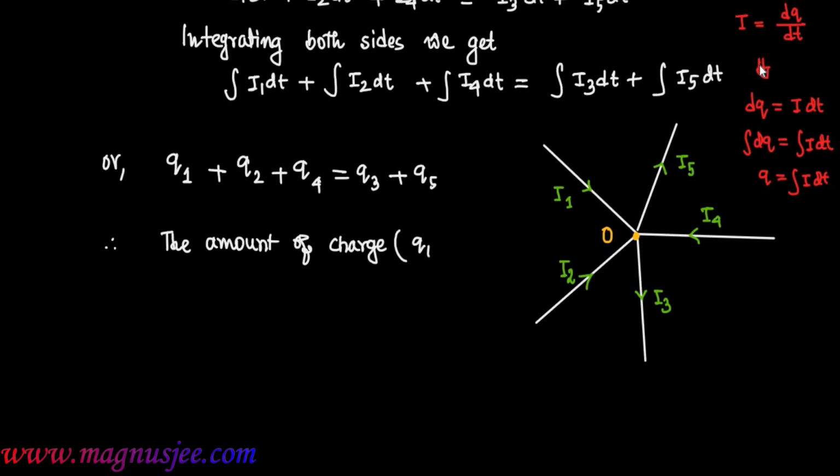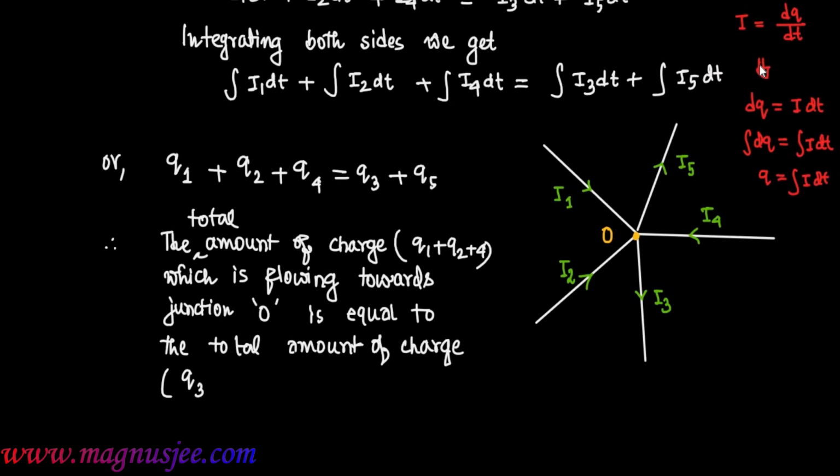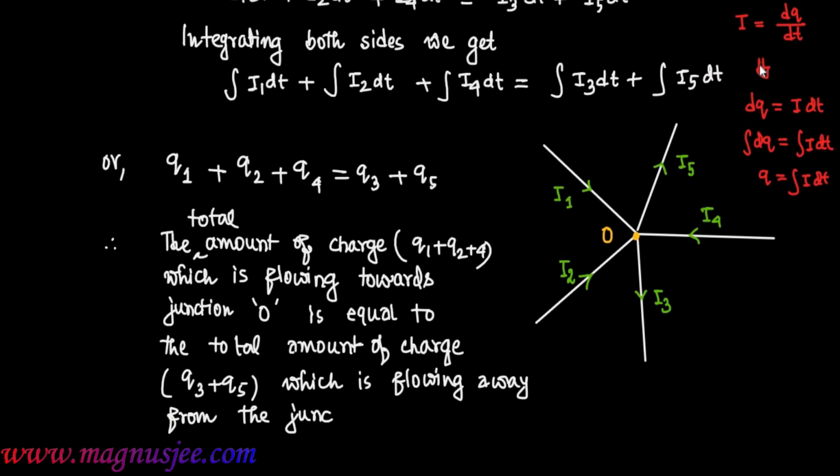Therefore the amount of charge q1 plus q2 plus q4 which is flowing towards the junction O should be equal to the total amount of charge q3 plus q5 which is flowing away from the junction O.